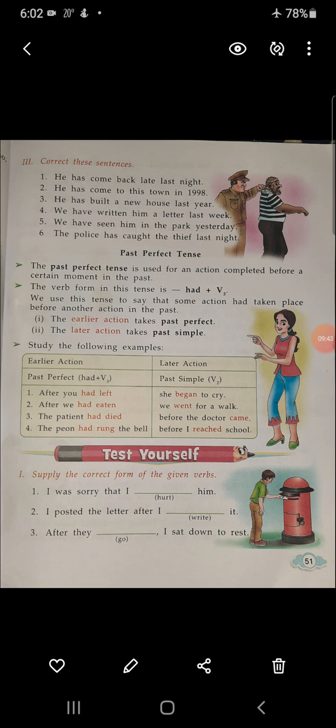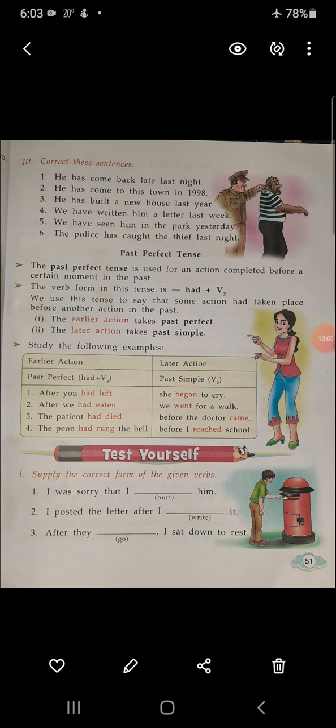Now, she began to cry. Another sentence is attaching there, and this is in past simple tense. So, whenever you are writing two sentences, there is the earlier action and the later action. Later means the action that comes after.